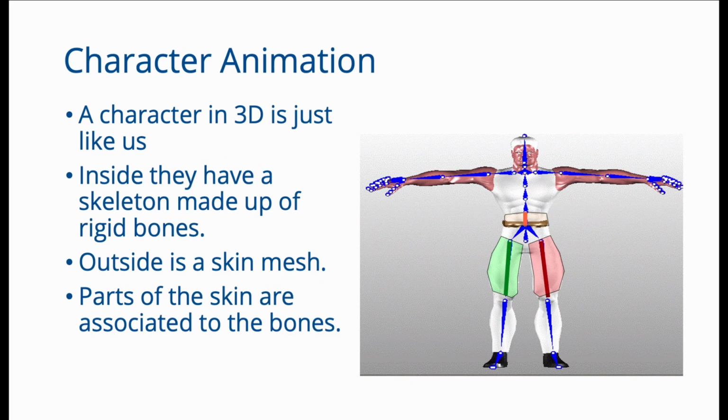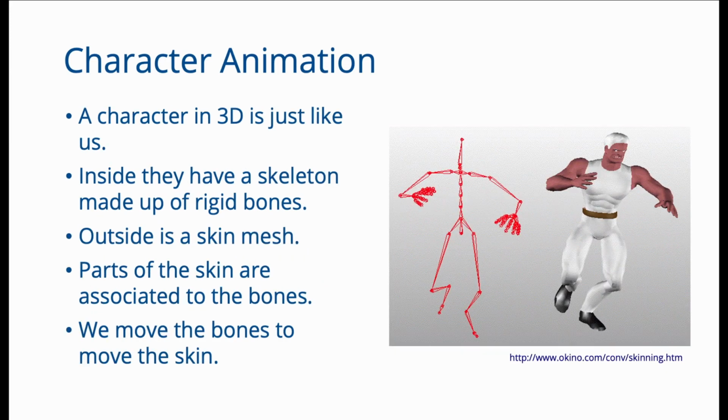And how is this character animated? You associate parts of the skin with the bones. You move the bones by changing the parameters of the transformation hierarchy that represents that skeleton.